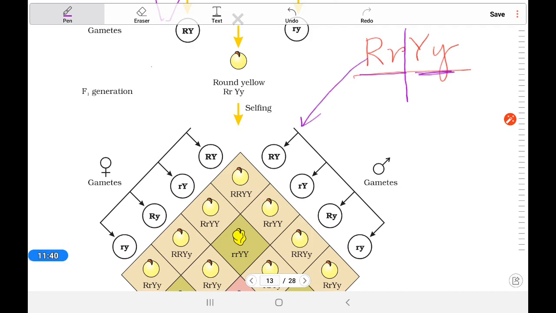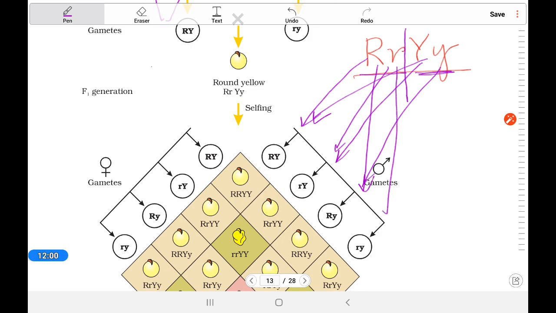The first is RY; second, it can be small r and capital Y; third, capital R and small y; and the last, small r and small y.